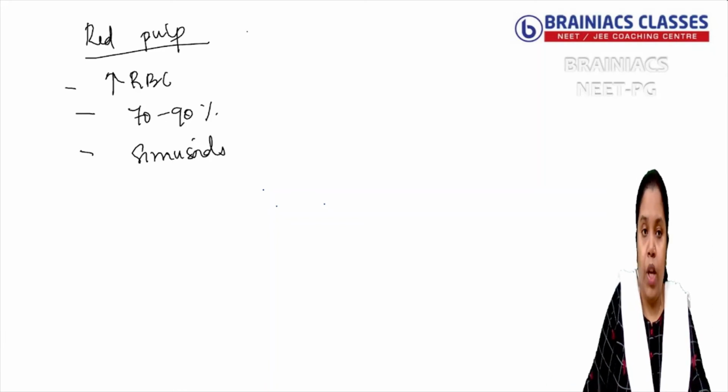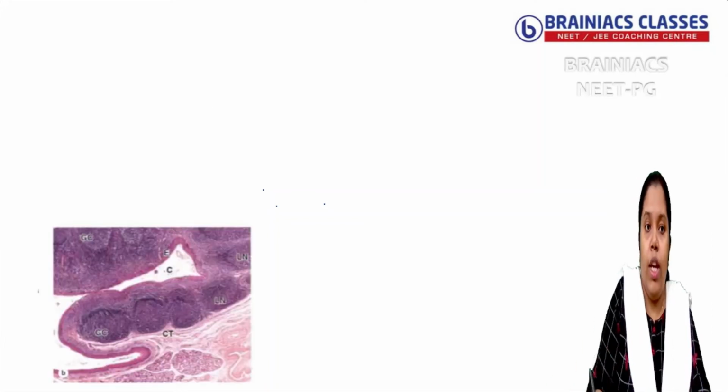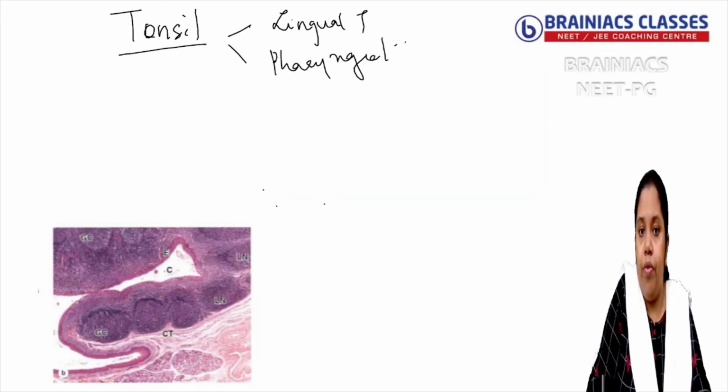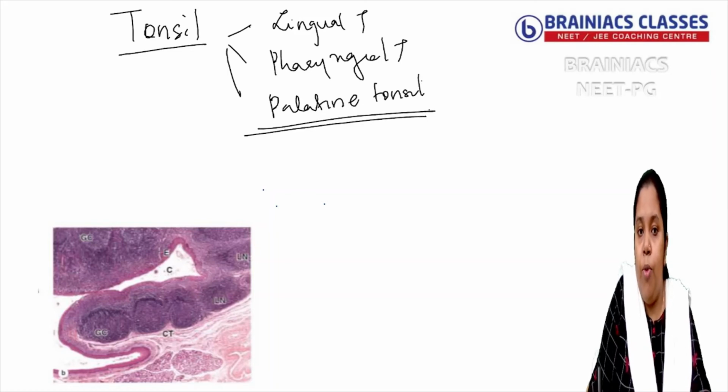Now we are moving on to the next lymphoid organ, the tonsil. How many tonsils are there? We have the lingual tonsil, the pharyngeal tonsil, and the palatine tonsil. I'll speak about the palatine tonsil.